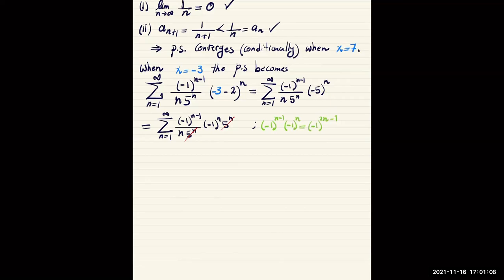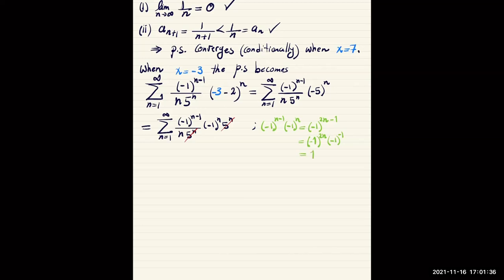All right, that can be written as -1 to the power of 2n times -1 to the -1 power. The first factor, -1 to the 2n, is really a square. You have the square of -1, and that is just a 1. 1 to the n is just 1.